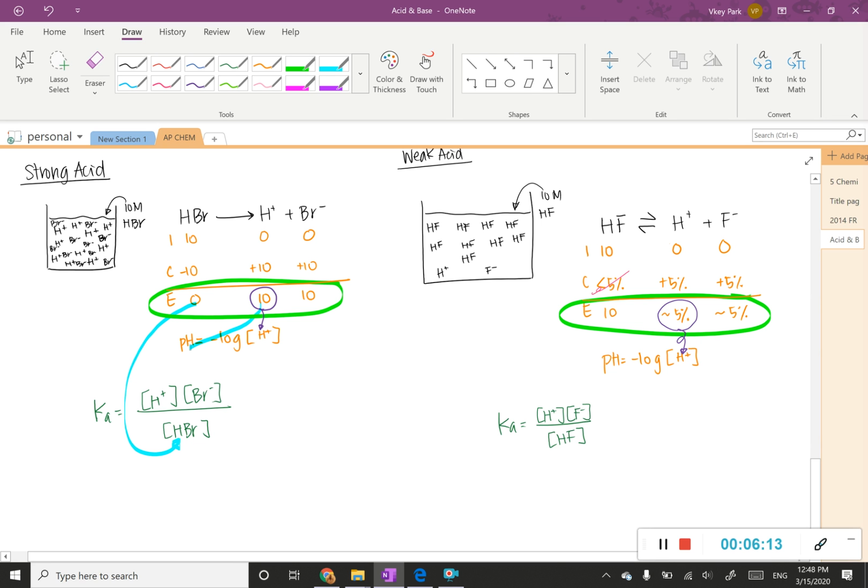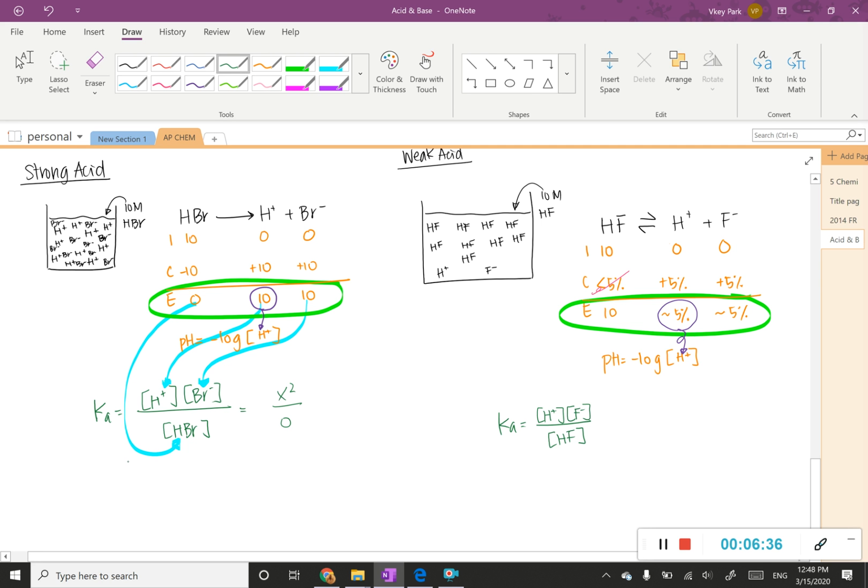I am going to plug in 10 into the H plus and 10 into the Br minus. Hence, when you do the calculations, you wonder why it's always x squared over this and there's no Ka value for strong acids and bases. This is why, because you're putting a 0 in the denominator and that doesn't really exist.